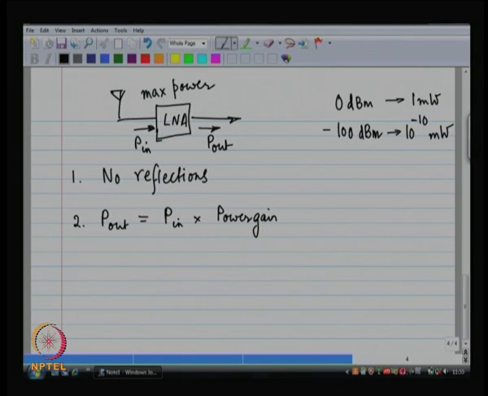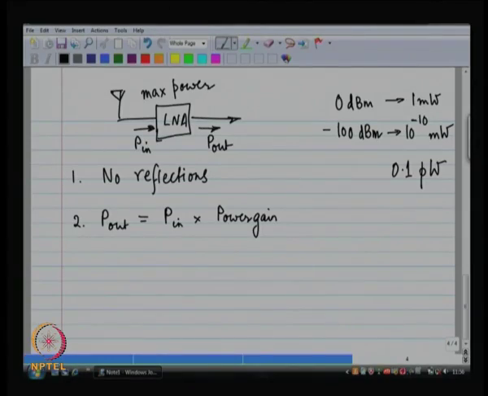And how much is that? That is 0.1 picowatts. All right. So, that is a very low amount of power that your LNA has to be sensitive to. Your low noise amplifier has to be sensitive to that extremely low amount of power hitting the antenna.